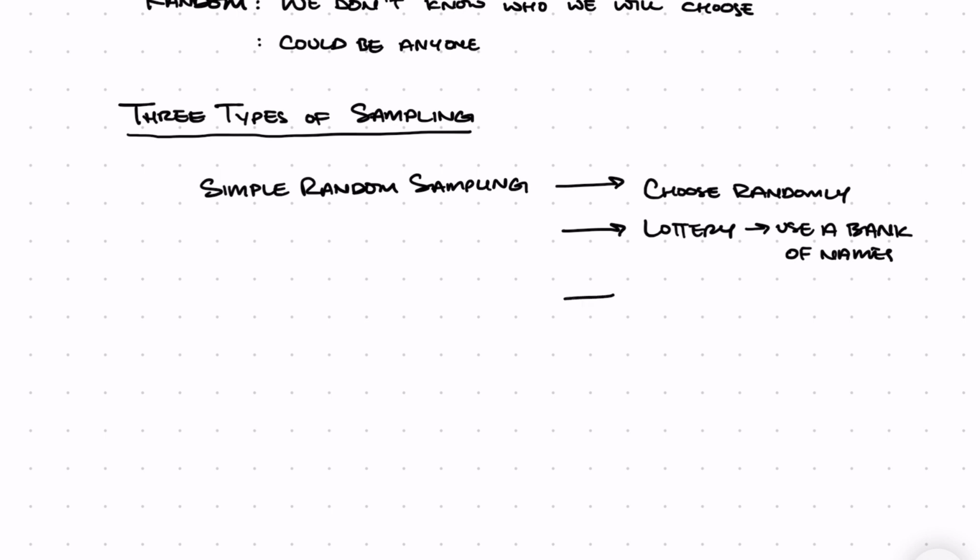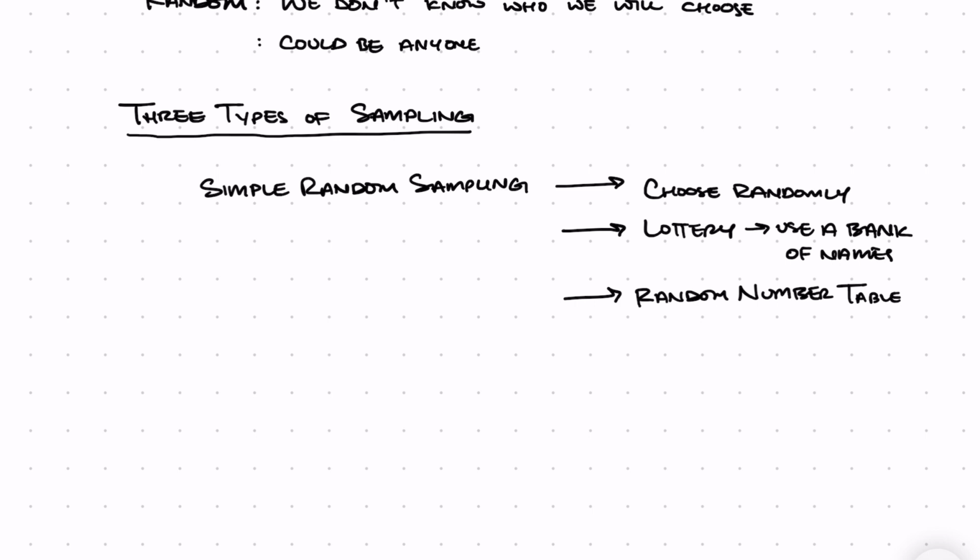Another option that the book gives you, and you could see a good example of it there, is a random number table. I would suggest that you check the book out, but what they do is they have a list of random numbers.